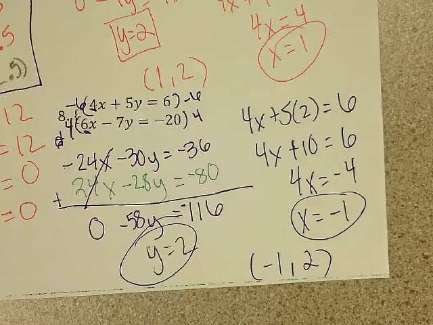So that's why I told her, 14 times 3.4. Okay? So 0 equals 0. Is that true? Okay.